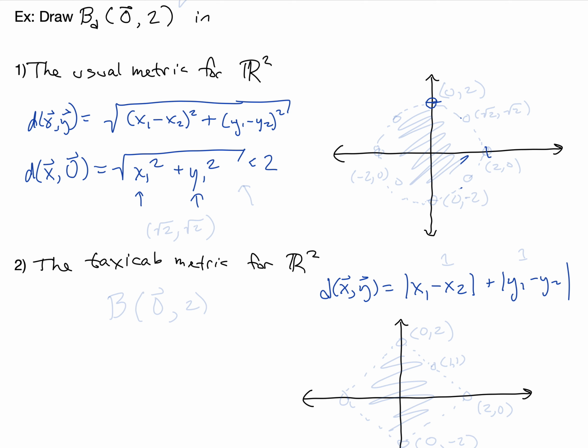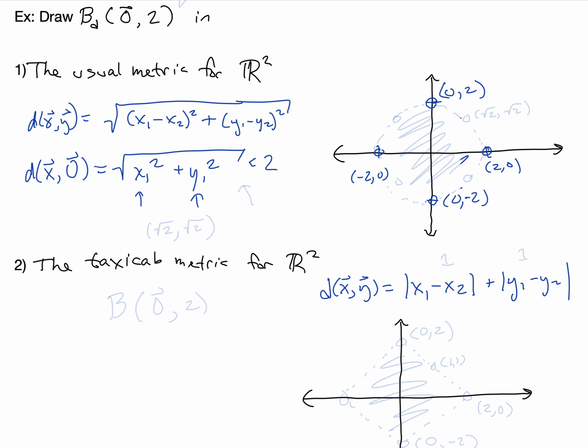And similarly, these points (2, 0), sorry, this was (0, 2), sorry about that, (2, 0), (0, -2), and (-2, 0) would also all be on the boundary of this set. What else is going to be on the boundary?